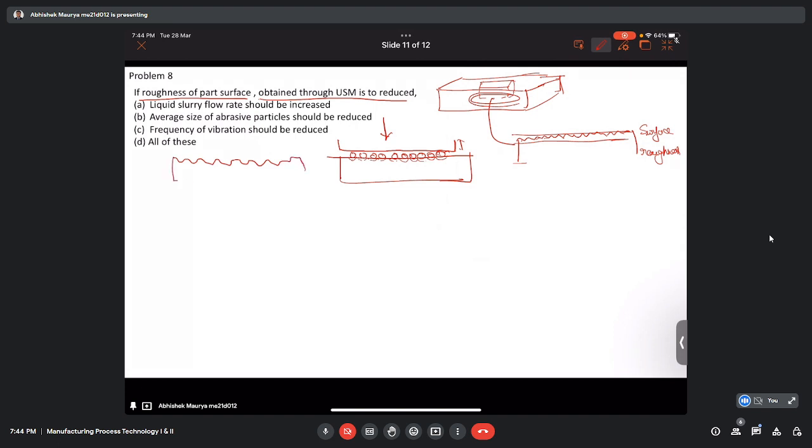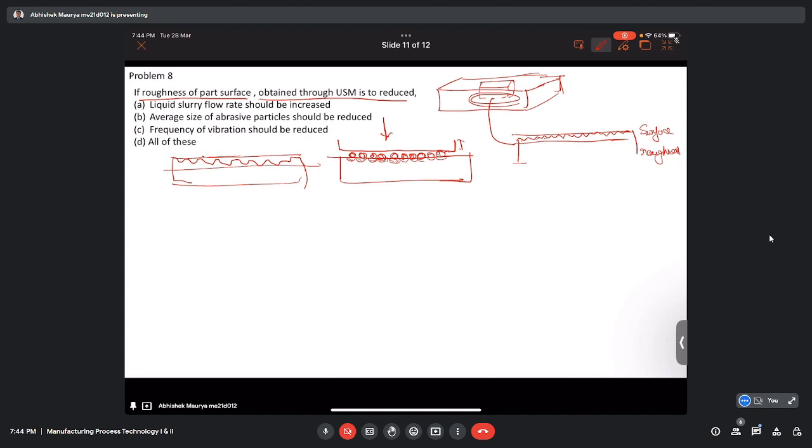So whatever peaks and valleys we are getting over here will be based on the size of the abrasive particles. If the abrasive particle size was bigger, then this deformation zone will also be bigger, and because of this bigger deformation we will get higher peaks and valleys and we will get a higher roughness value.